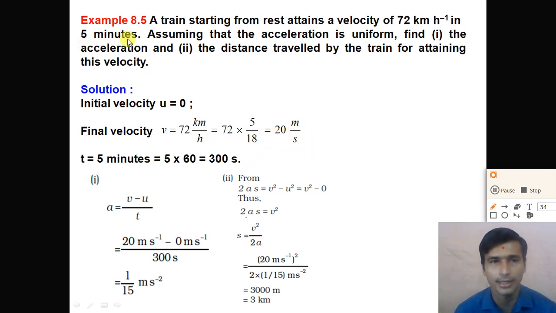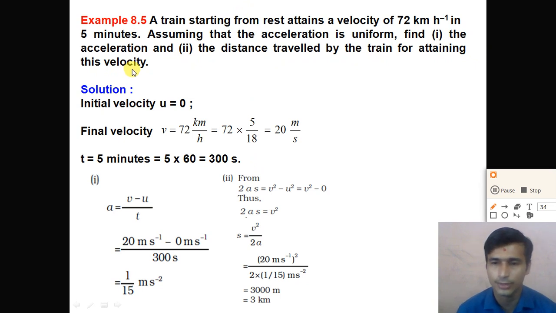Time t is given as 5 minutes, and 1 minute is 60 seconds, so 5 minutes is 5 multiplied by 60, which is 300 seconds. Assuming the acceleration is uniform, that is constant, find the acceleration and the distance traveled by the train for attaining this velocity.